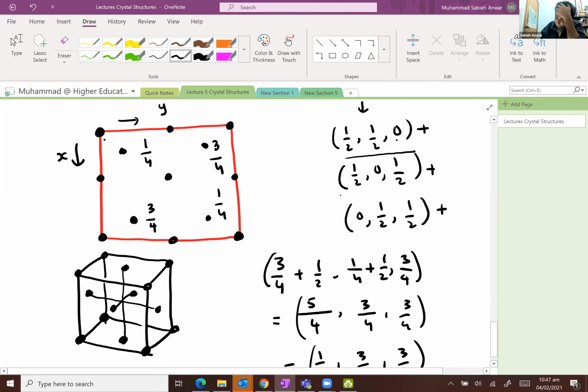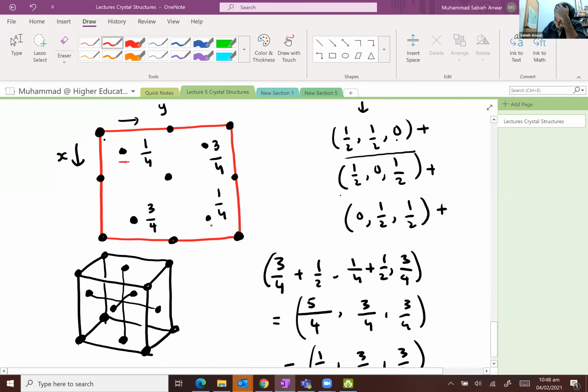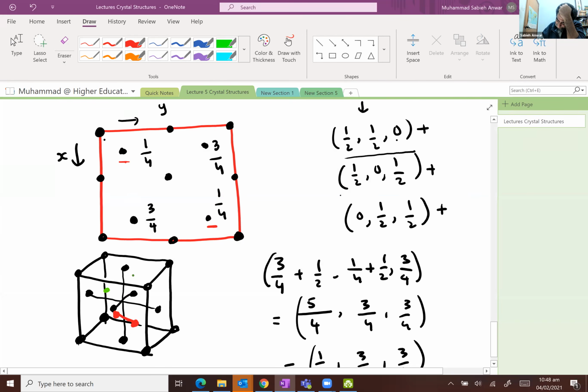Now look at these atoms here at an elevation 1 by 4 here and here. So I can draw an atom here and an atom here. So two atoms here and two atoms at an elevation 3 by 4.